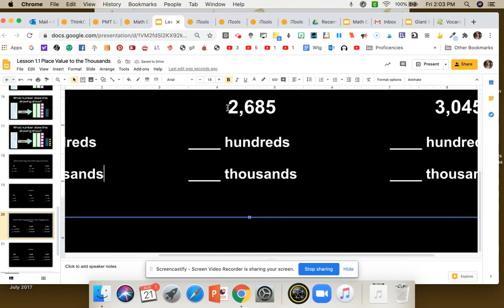Let's look at this number, 2,685. How many hundreds? Ones, tens, hundreds. My 6 is in the hundreds place. We have 6 hundreds. How many thousands? 2.